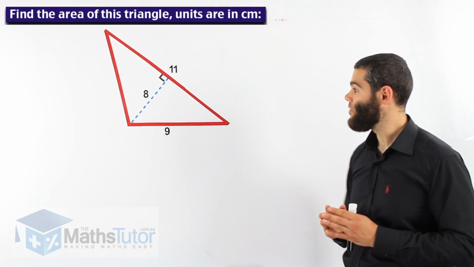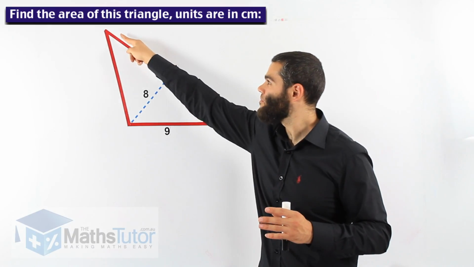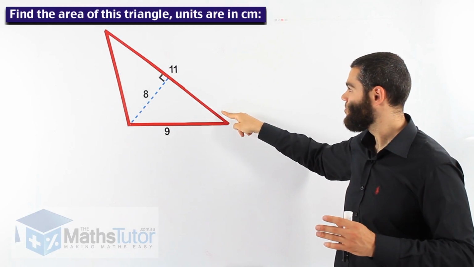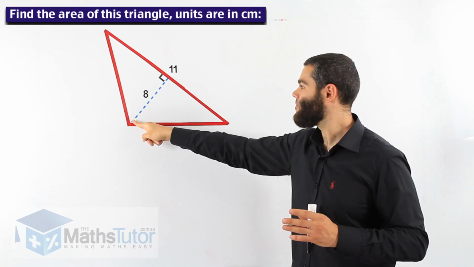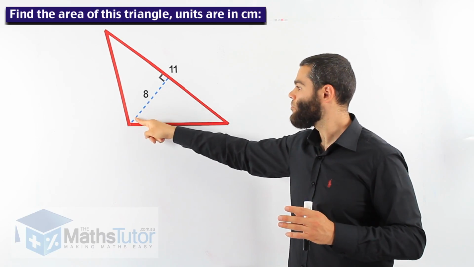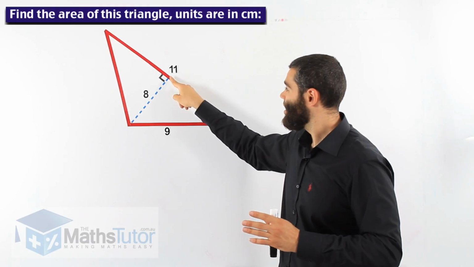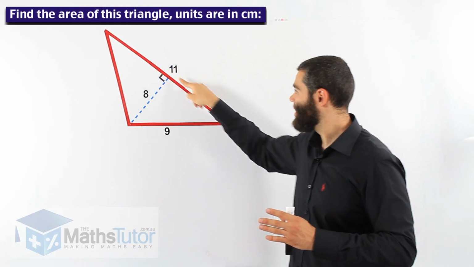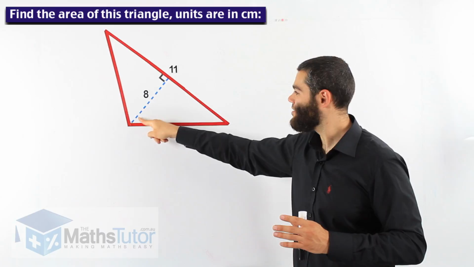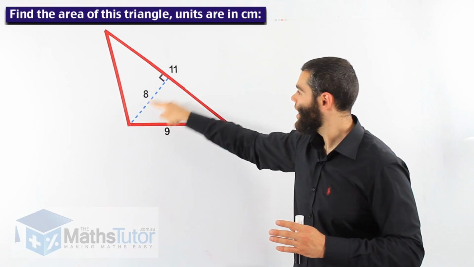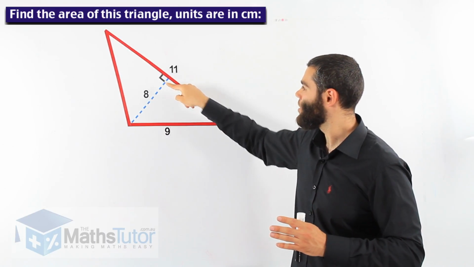So guess what? This is our base and this is our height. But the triangle has been rotated. So the base is 11 and the height is 8. As you can see, they meet at right angles, at 90 degrees.